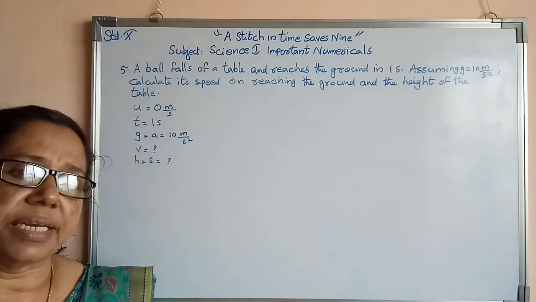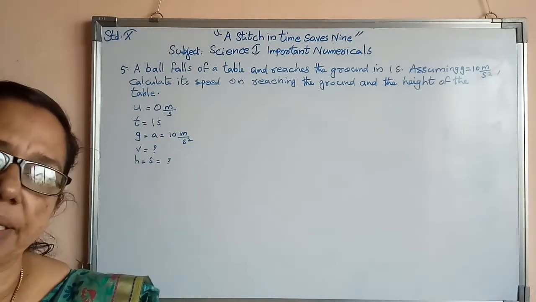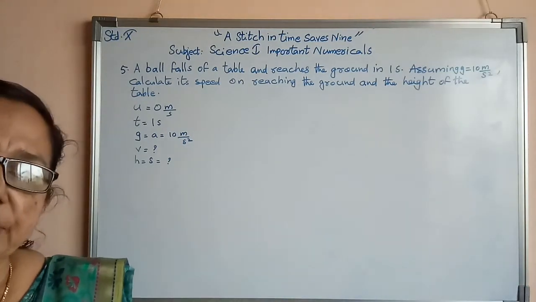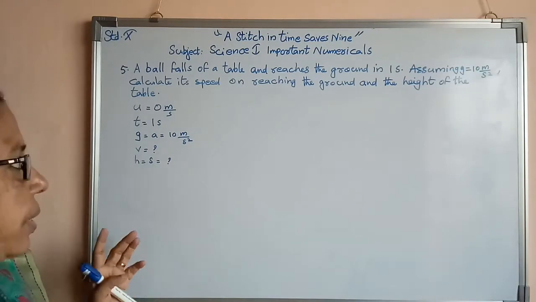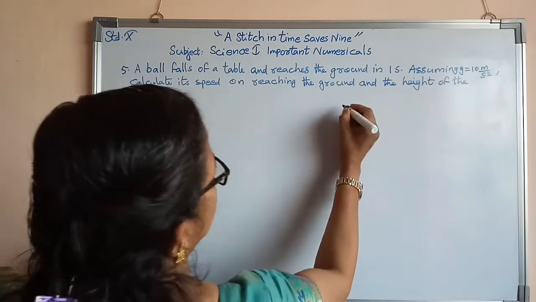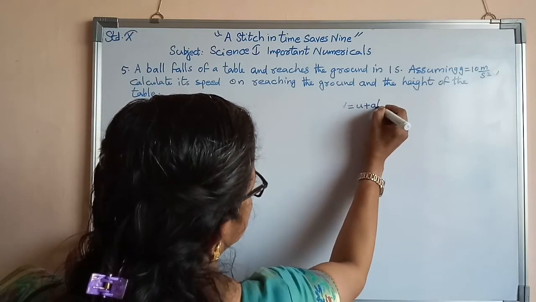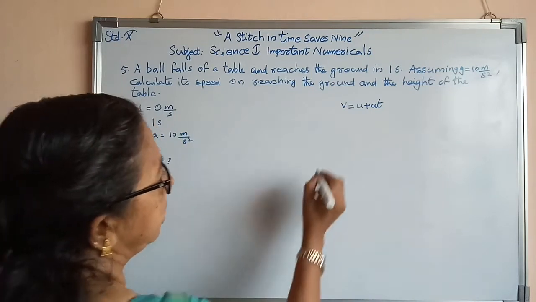For finding that, we have to apply the kinematic equations. First I am writing all three kinematic equations which are suitable for solving. First one, v is equal to u plus at.